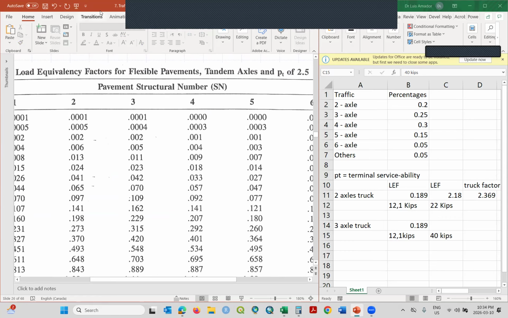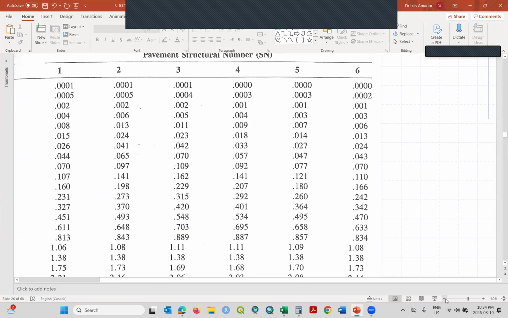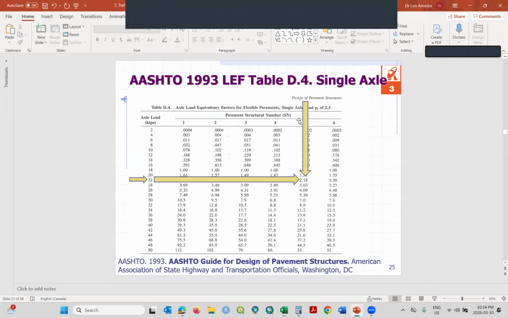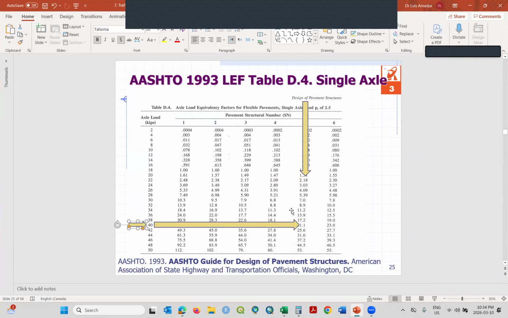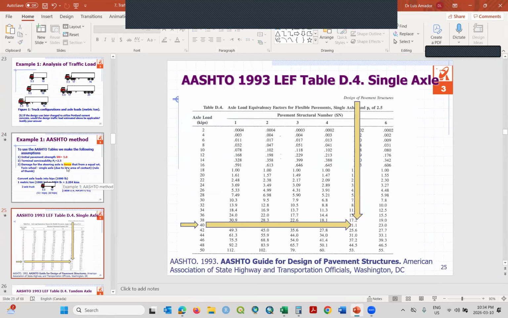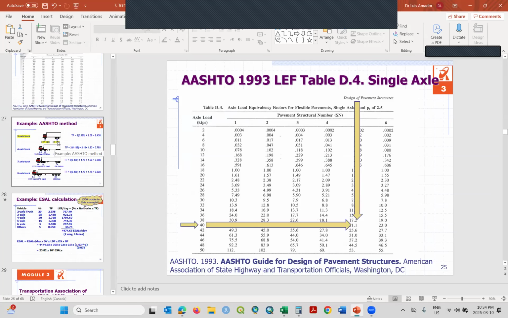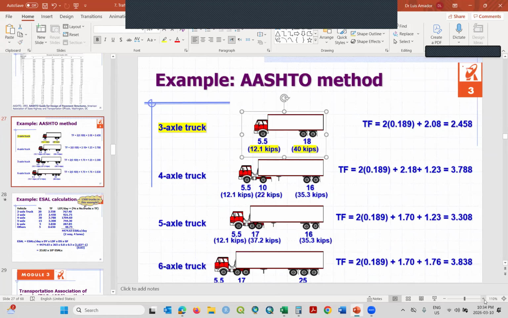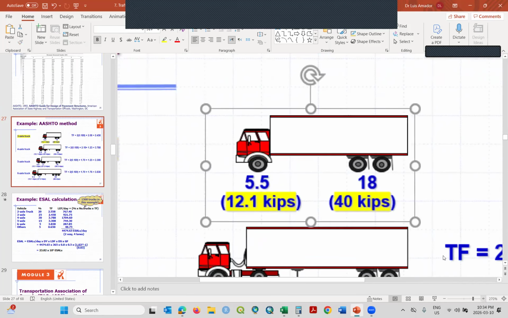So when I go into the table, my 40,000, which are here, sorry, one second, let me see what type of axle this is. Yeah, this is a tandem axle.